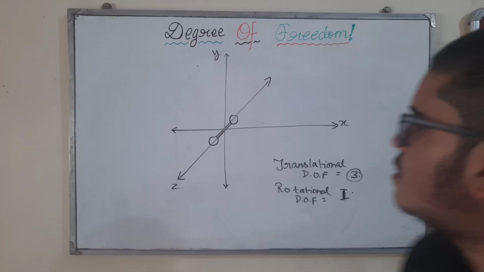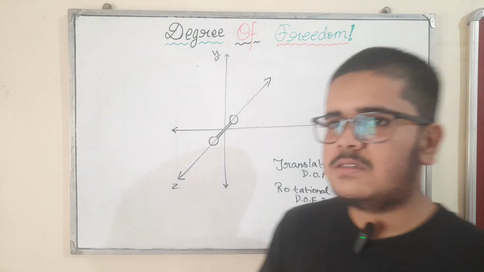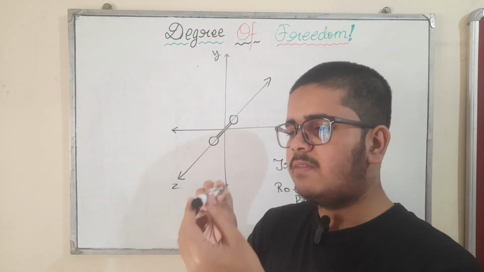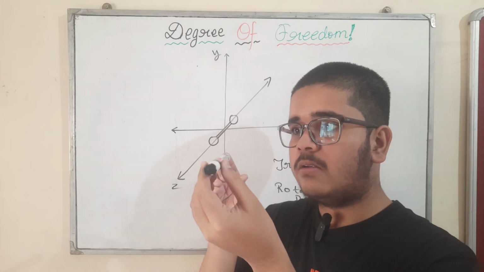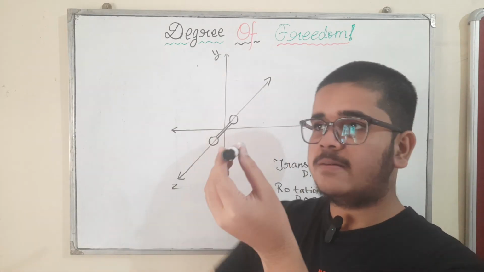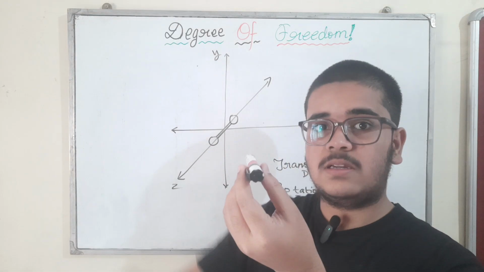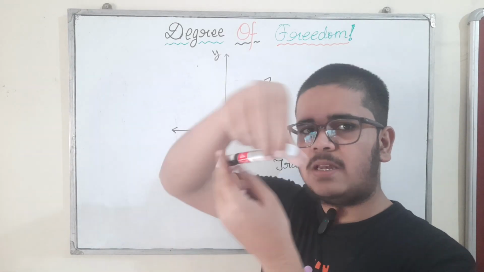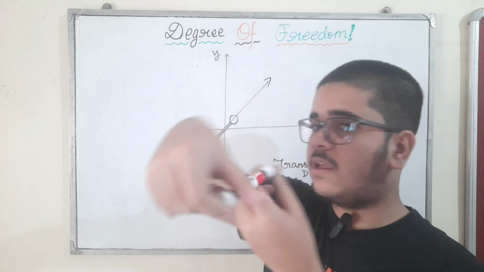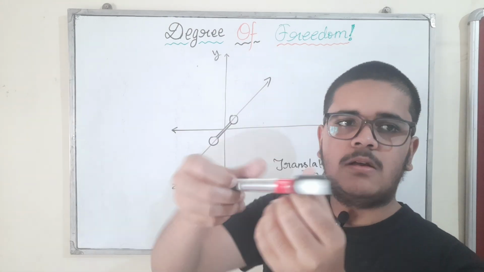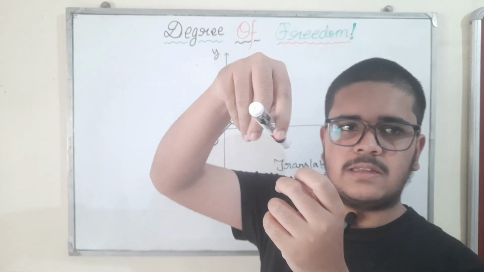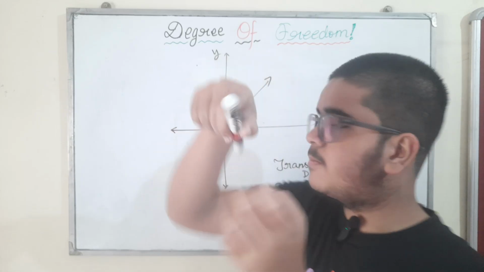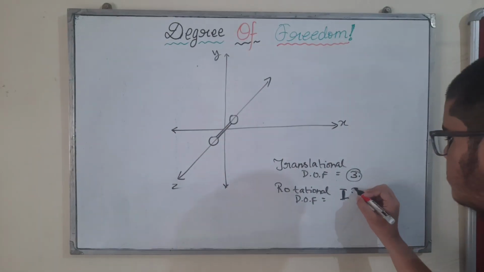Okay, let's take the y-axis. Now the y-axis is like this. It's vertical on the screen. If I rotate it, it's spinning in the xz plane. It's moving like this, so this is also a perceivable rotation.